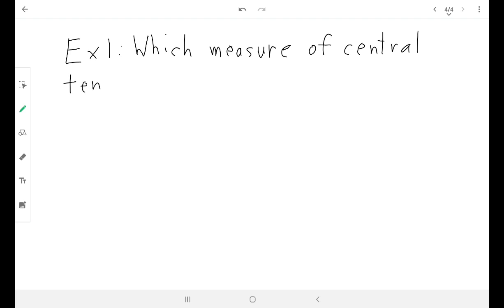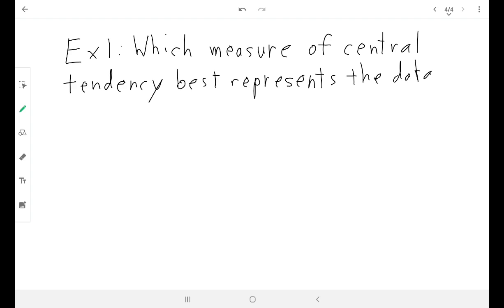So our first example is a question: which measure of central tendency best represents the data and why?